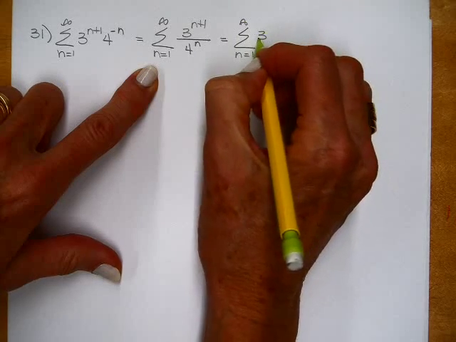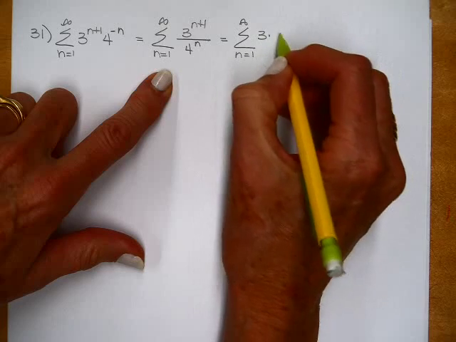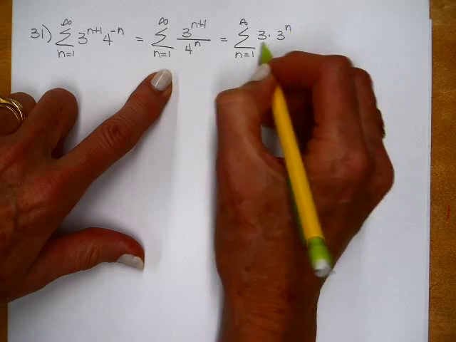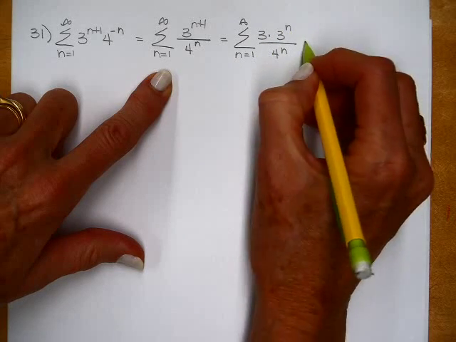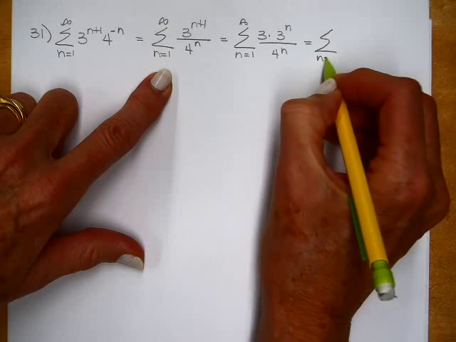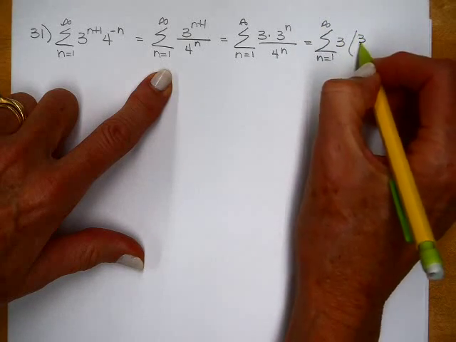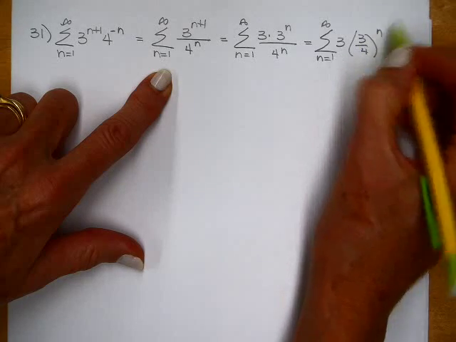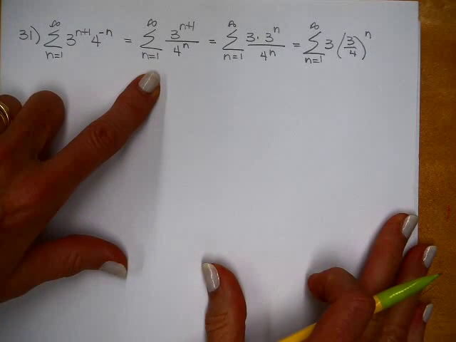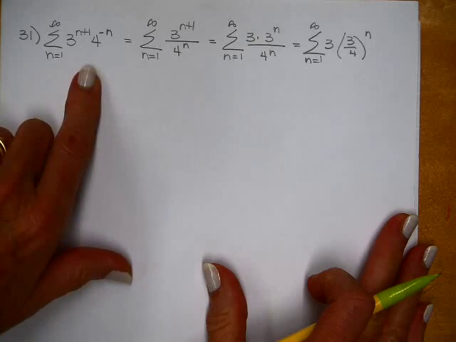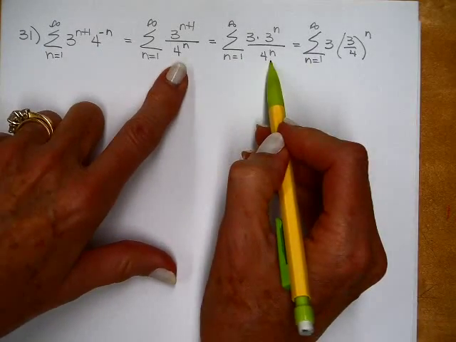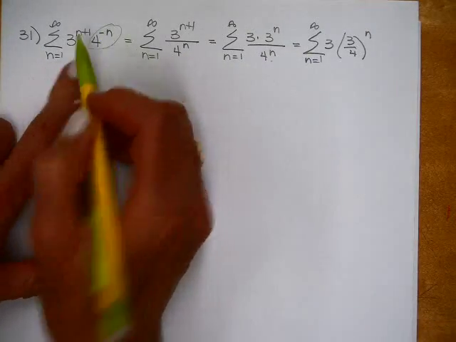You're going to pull a 3 out. I'll go ahead and write all the steps. So that's going to be the series from n equals 1 to infinity, 3 times (3/4) to the n. The only thing you did was the negative n; I made that positive and put it on the bottom.